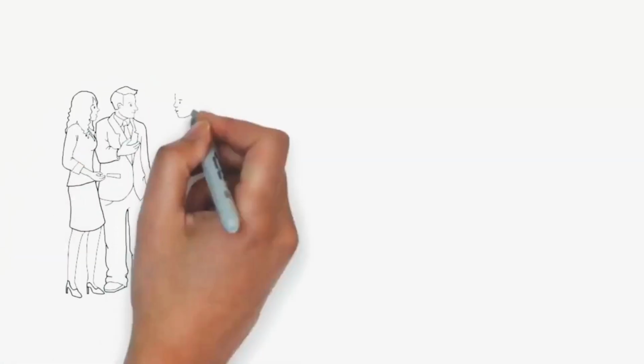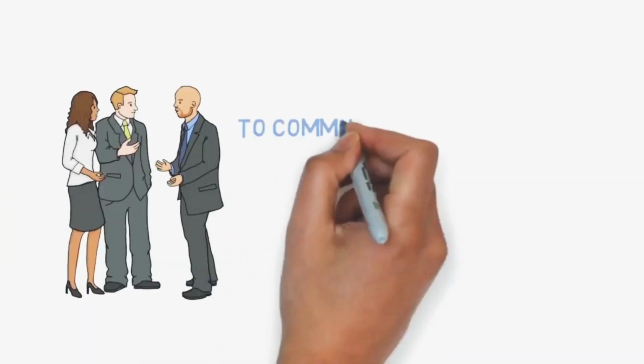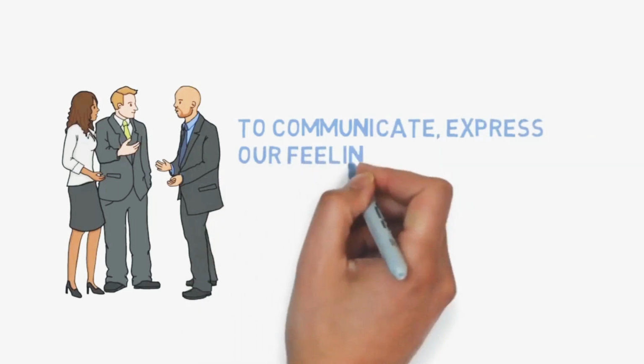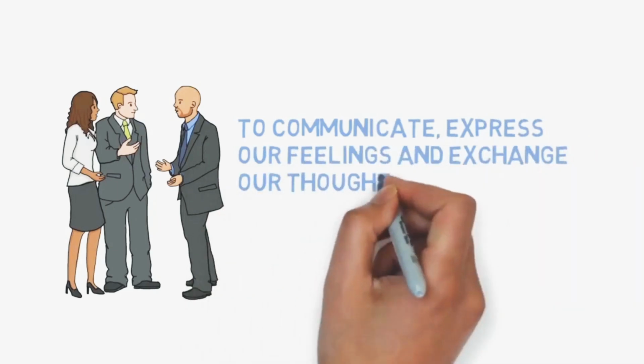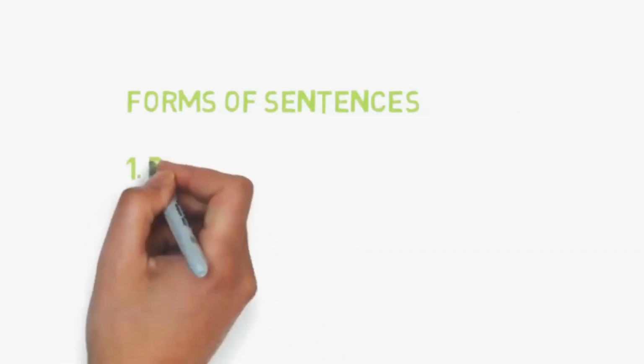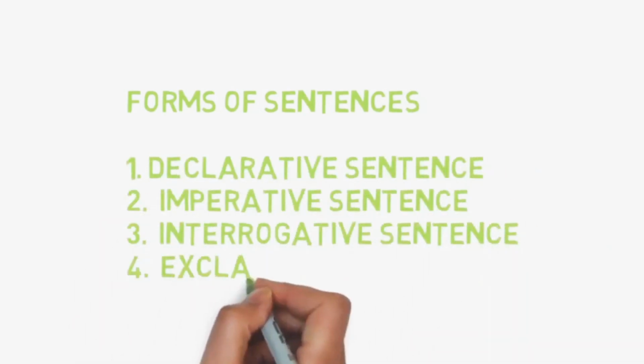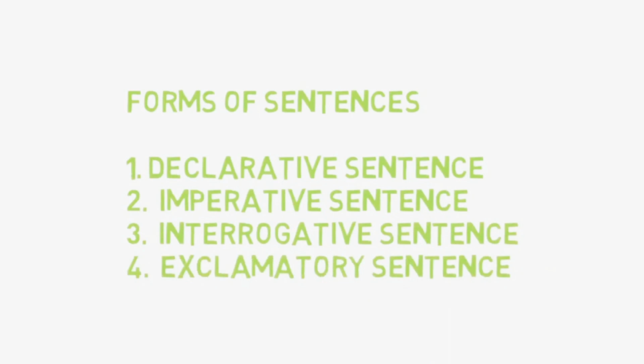First of all, the question is, why do we need sentences? We need them to communicate, express our feelings and exchange our thoughts and views. Depending upon these factors, sentences are divided into 4 categories: declarative sentence, imperative sentence, interrogative sentence and exclamatory sentence.